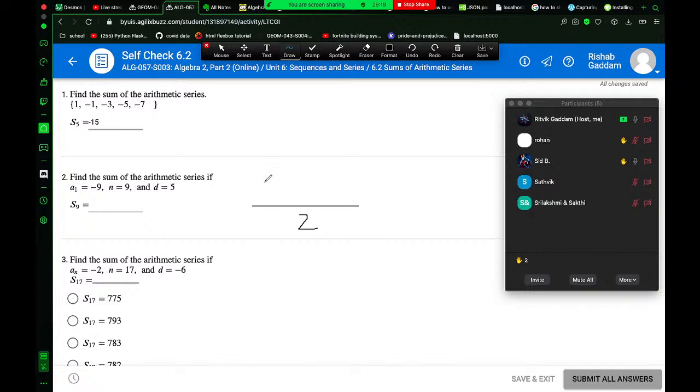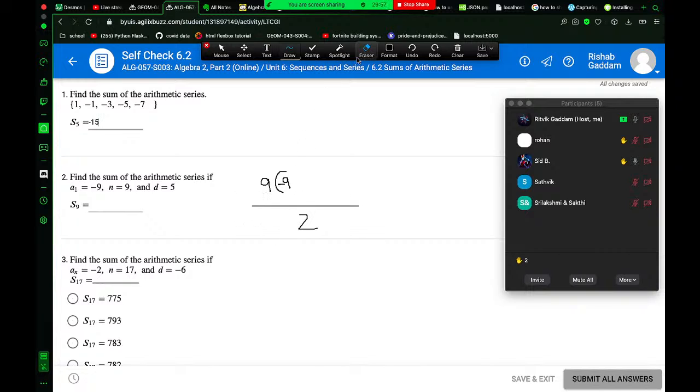So it'd be 9 and then parentheses 9 times negative 9, and then we gotta do a little bit of extra math here. Or you could just use that other formula. That was what that formula was intended for. If you didn't have the an, oh yeah, the second one.